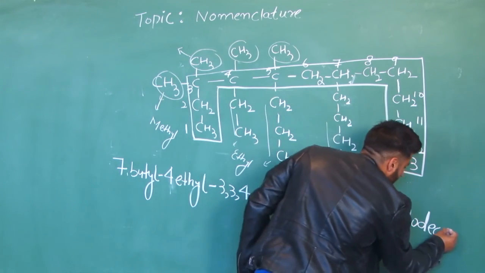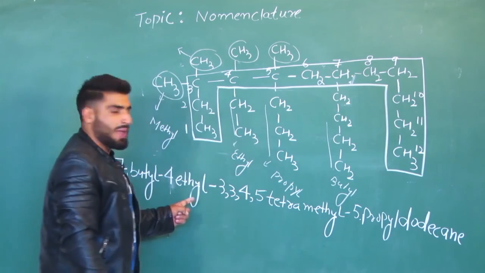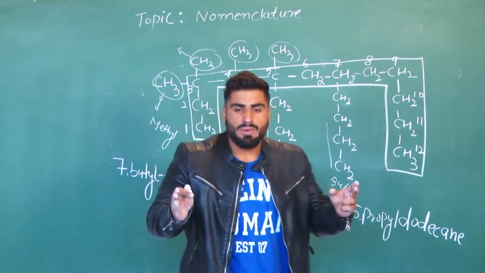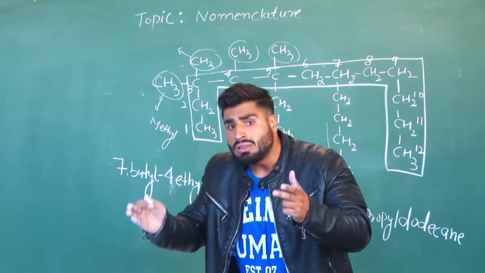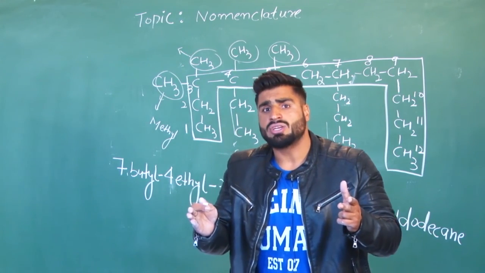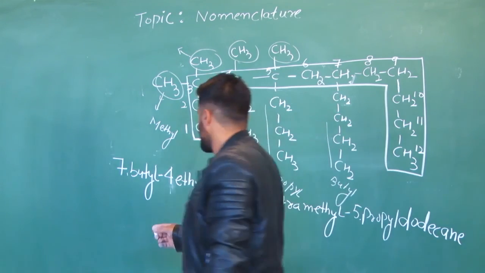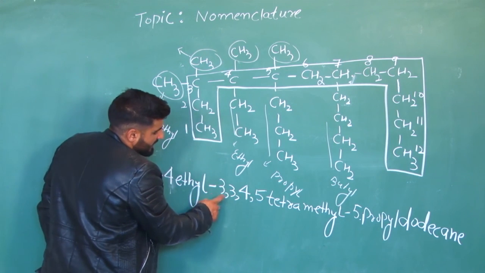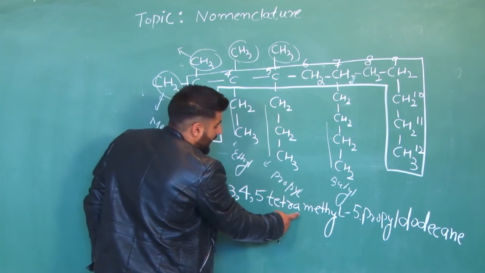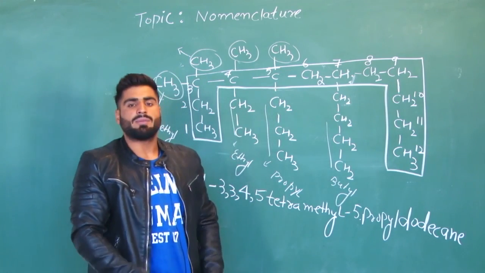So what will be the IUPAC name of this organic compound, students? Very simple. I have used all the rules of nomenclature: prefix, root word, primary suffix. So this is your name: 7-butyl, 4-ethyl, 3,3,4,5-tetramethyl, 5-propyldodecane is the IUPAC name of this compound.